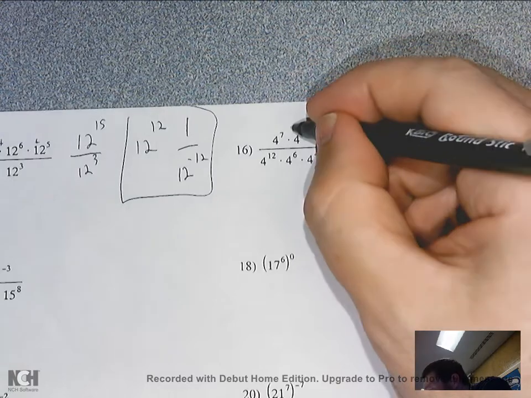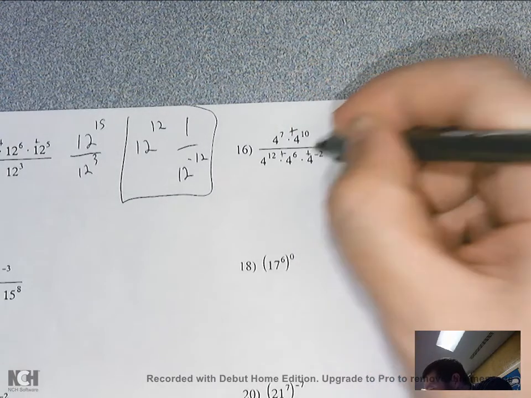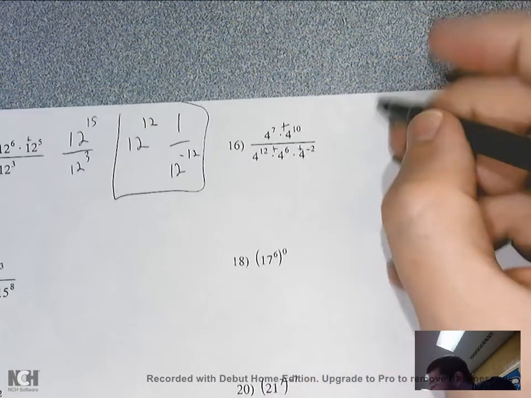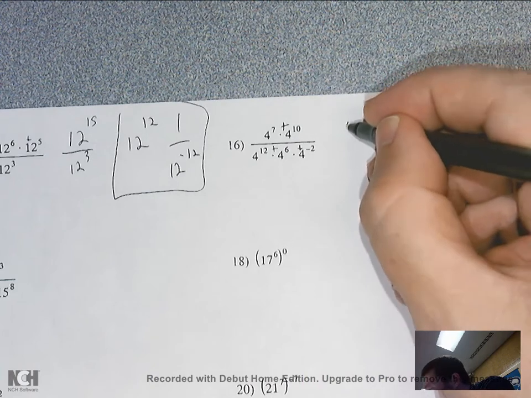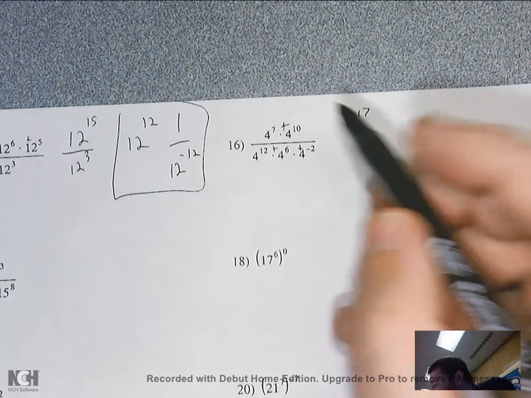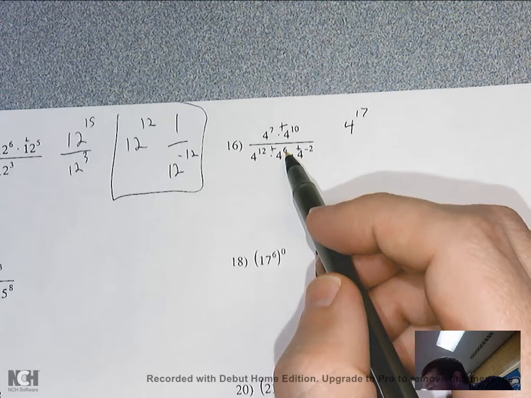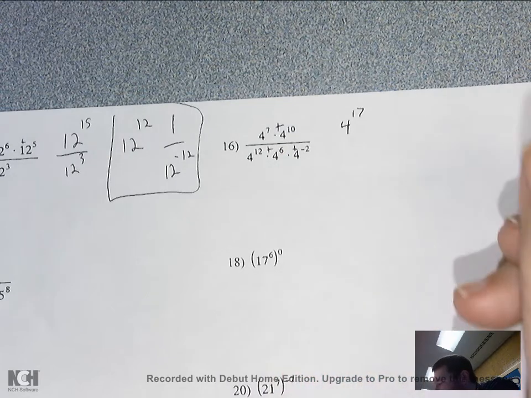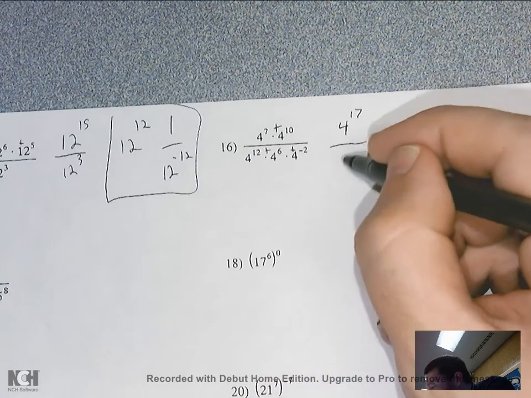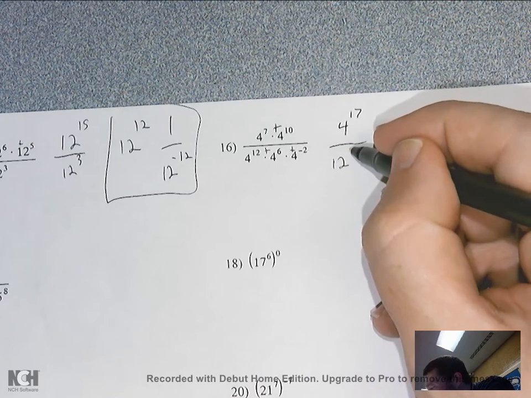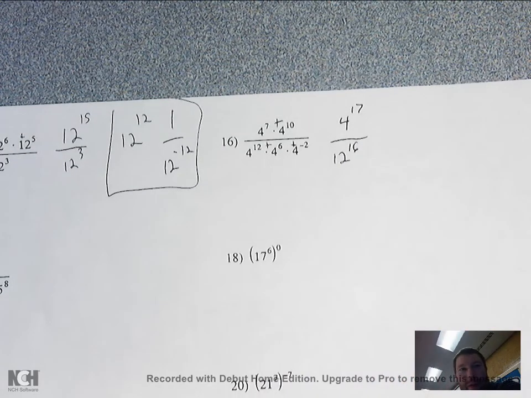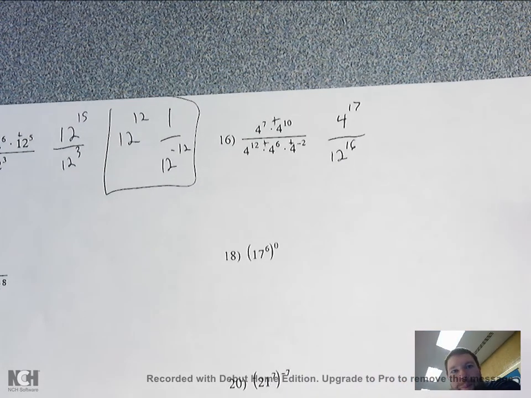Okay, same idea here. We're going to do some multiplying first. So this top, 7 plus 10 becomes 17. So 4 to the 17. And then 12 plus 6 is 18. Minus 2 would be 16. So I'd have 12 to the 16 on the bottom. Okay.